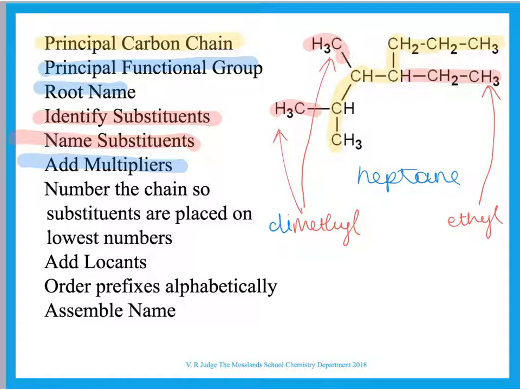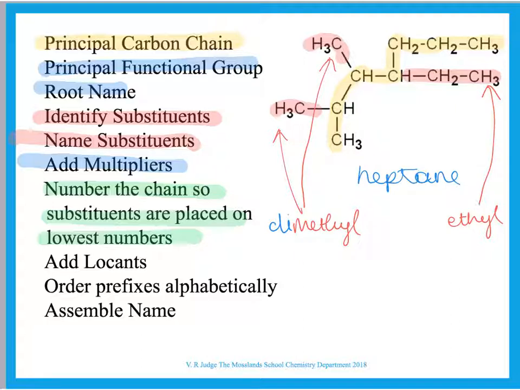Okay, next step. Number the chain so that substituents are placed on the lowest numbers. So you can number this chain from left to right or from right to left. So I'm going to put it both ways.